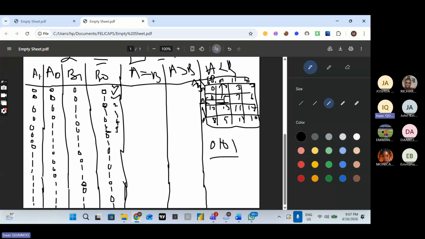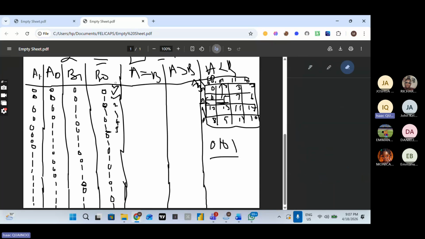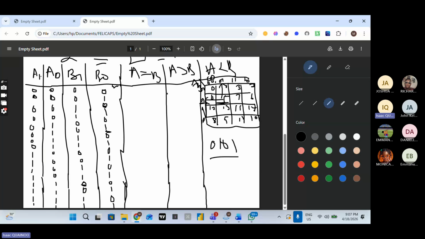Okay. So if you come to your main diagram or your truth table, so if we take our truth table and we find min term 5, how do you find min term 5?